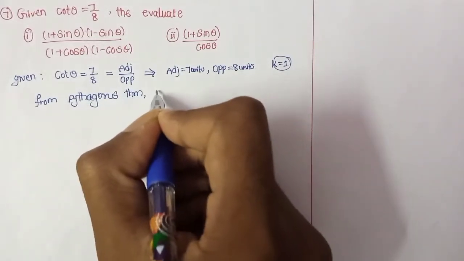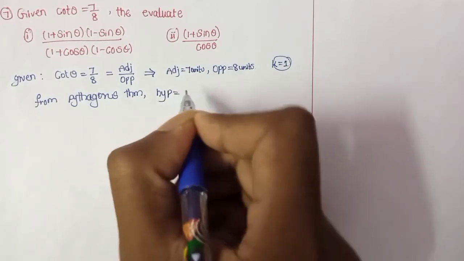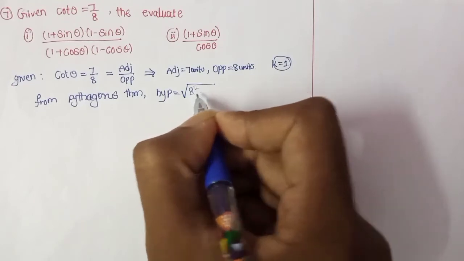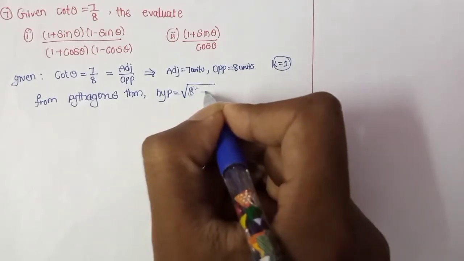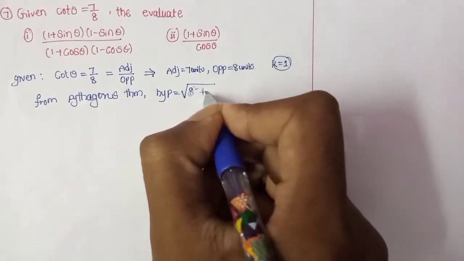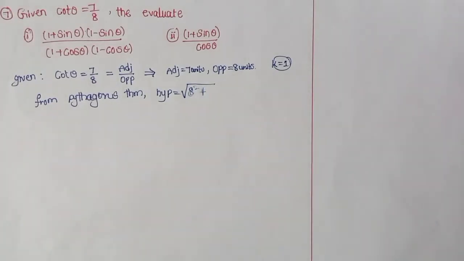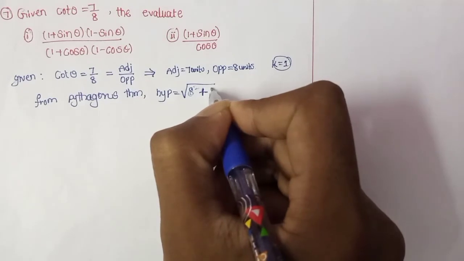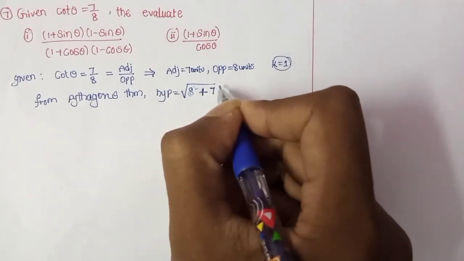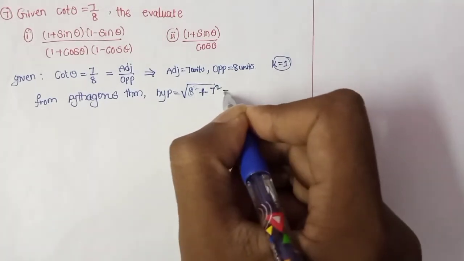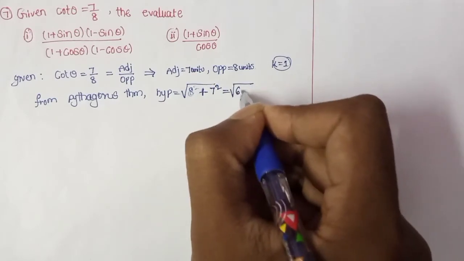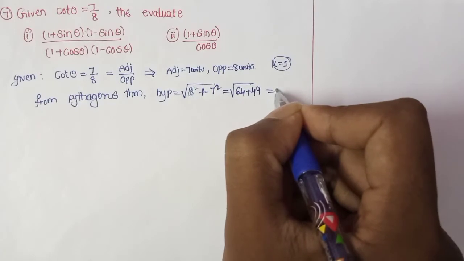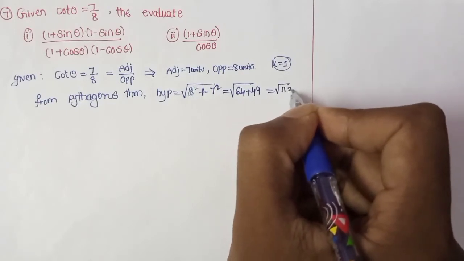Hypotenuse is equal to under root of opposite side square plus adjacent side square. So you will get 64 plus 49, under root of 113.